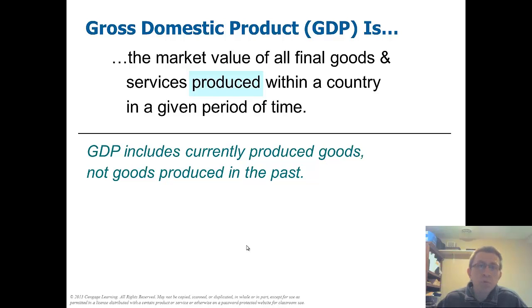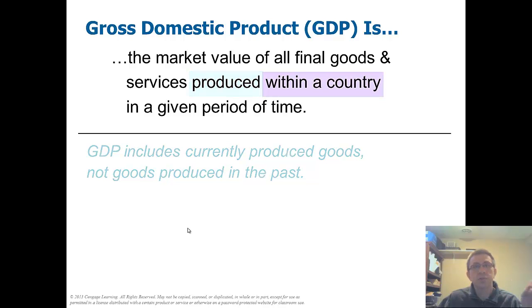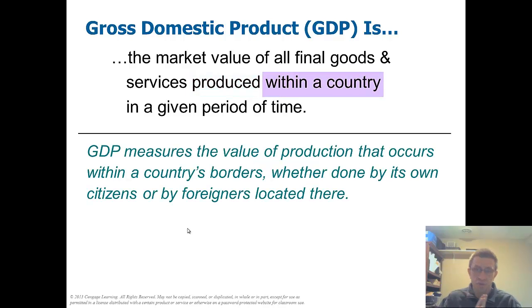The word produced is a big word because it refers to things that are produced now, not in the past. The given period of time helps define that as well. And it's produced within a country, so anything done within the borders of the United States counts toward US GDP.